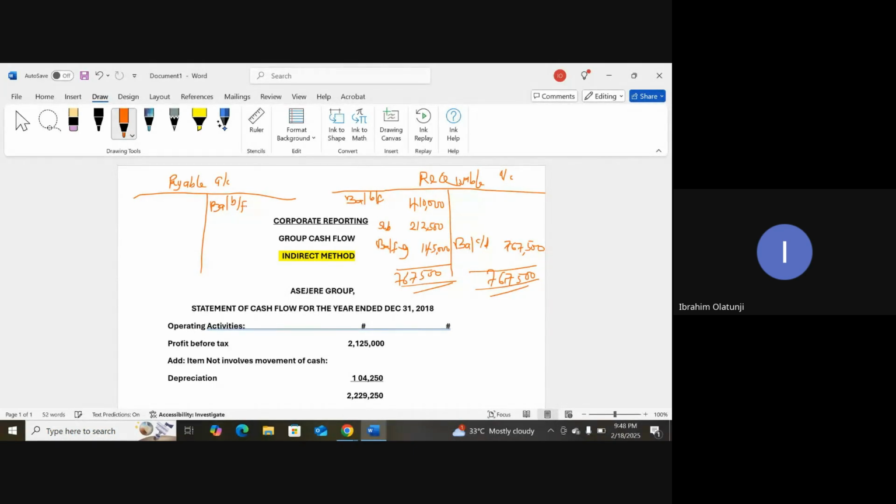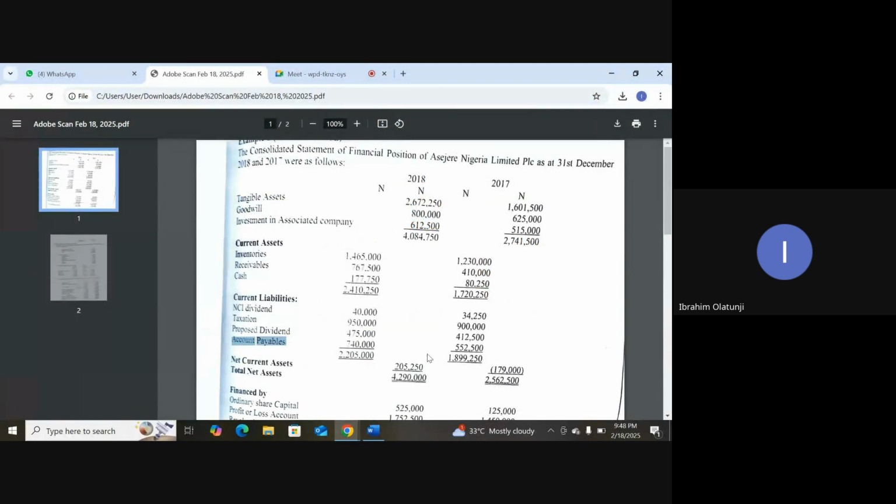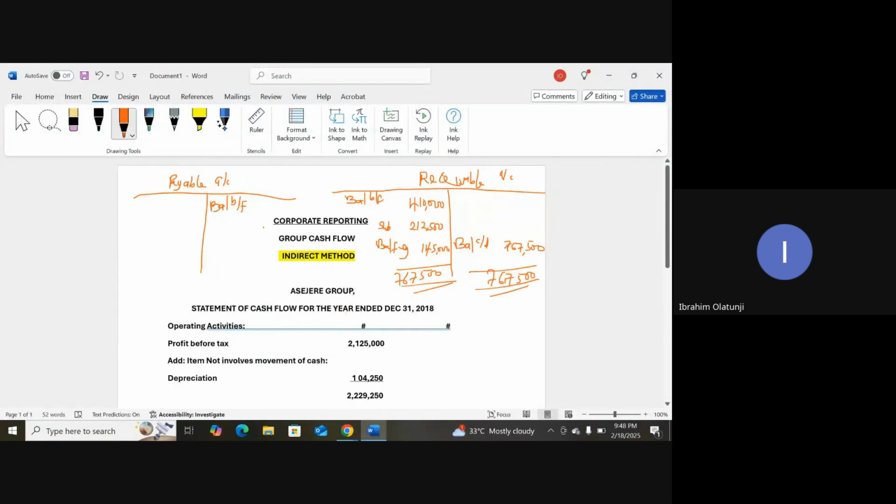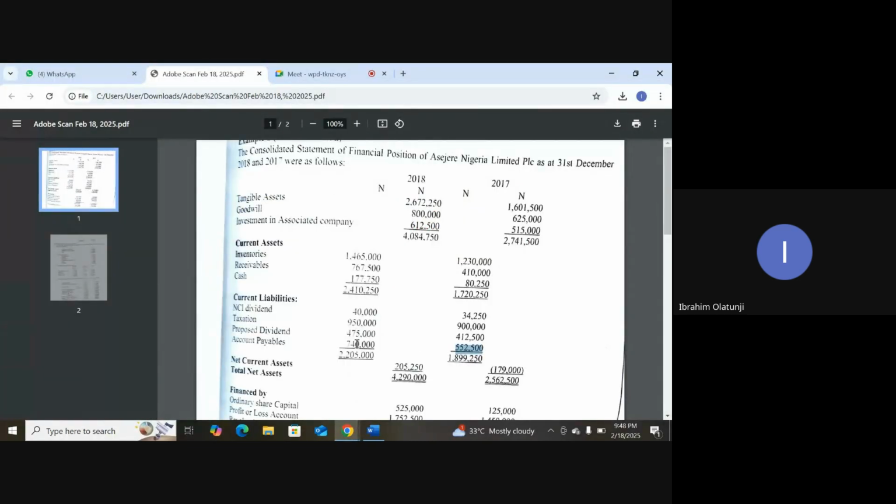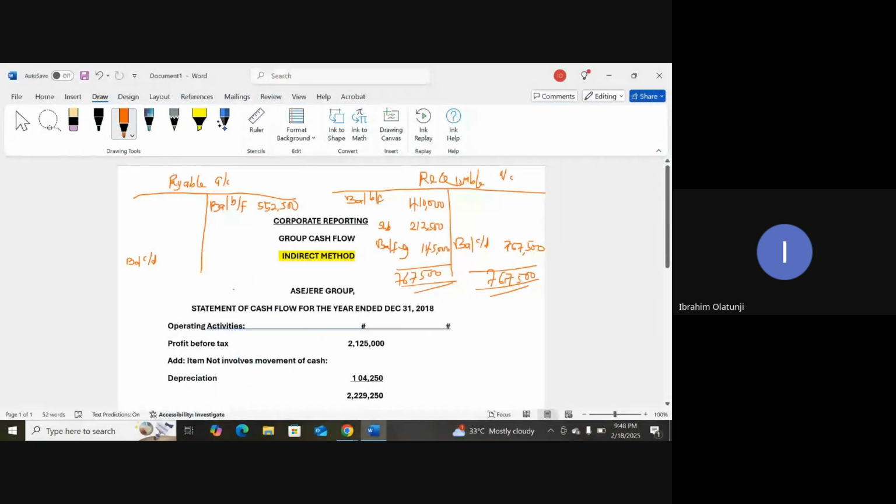So balance brought forward. What's the balance brought forward of payable in 2017? 552,500. Then balance carried down, which is 2018, 740,000.